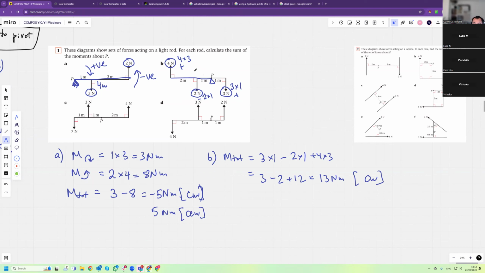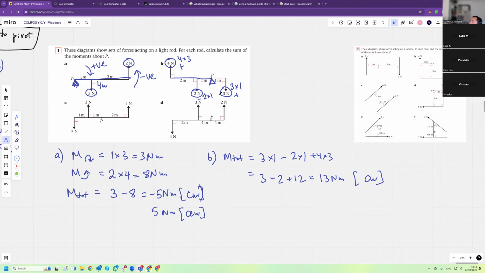Because if you think about it, if this was the only force, this system would rotate anticlockwise. And if you only had just the 3 Newton force, the system would go clockwise.